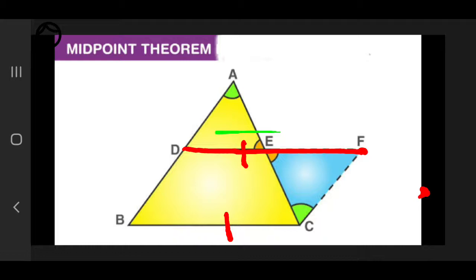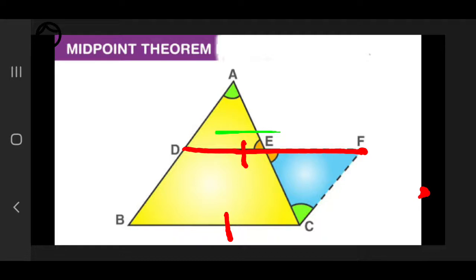AED congruent to EFC means its corresponding sides will be equal, that means we will get AE equal to EC. Corresponding sides equal.